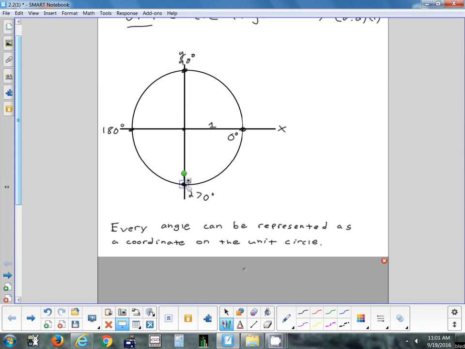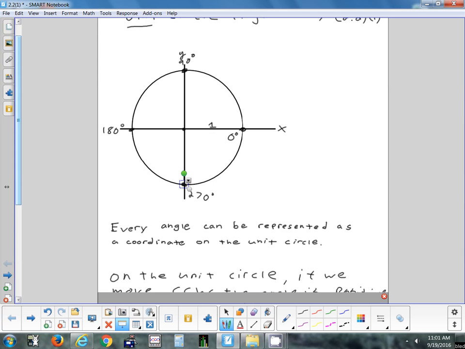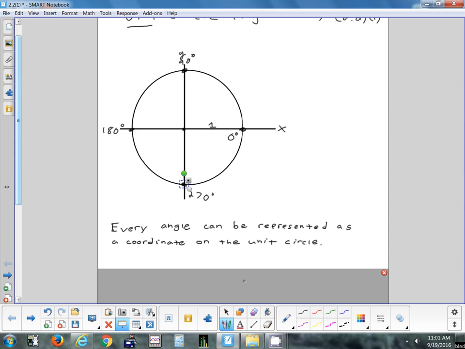We're not going to deal with every possible angle, only a few of them, but every angle that we deal with can be represented as a coordinate on the unit circle. We're going to start by figuring out the 4 coordinates for 0, 90, 180, and 270.